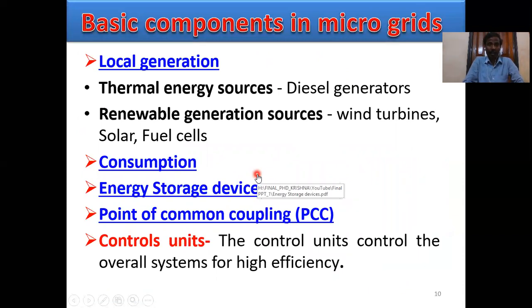On the other side, local generator. What is a local generator? This is thermal energy sources, the diesel generator. And renewable generation sources: wind turbine, solar, fuel cells, etc. Another section, consumption, energy storage device, point of common coupling, and last, control units. The control units control the overall system for high efficiency.